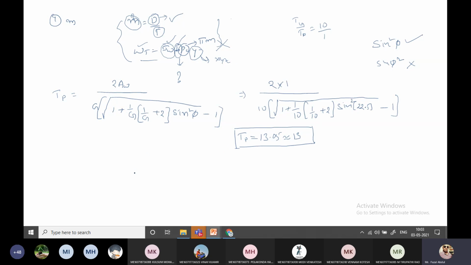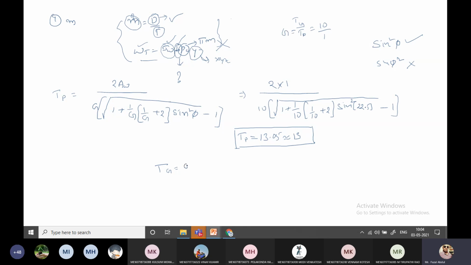This is the TP. TP is nothing but the number of teeth on a pinion by avoiding the interference. Now, teeth on gear. We have one relation. What is the gear ratio here? Gear ratio is TG by TP.